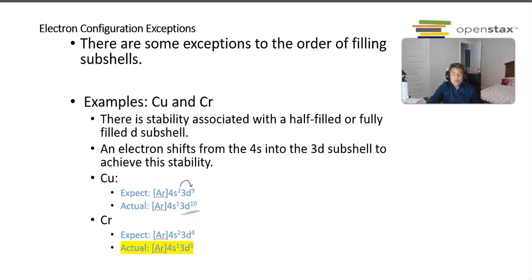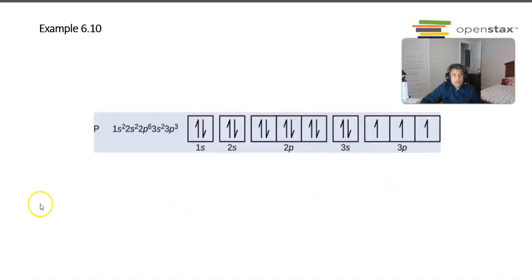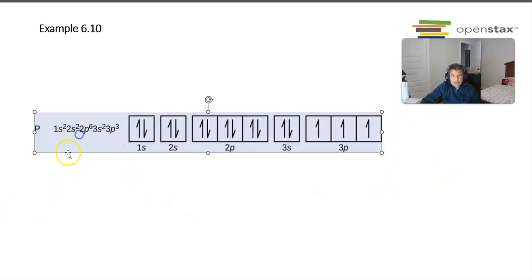So stability: fully filled is more stable than half filled, which is more stable than partially filled. Okay, so this is the example of phosphorus, right?